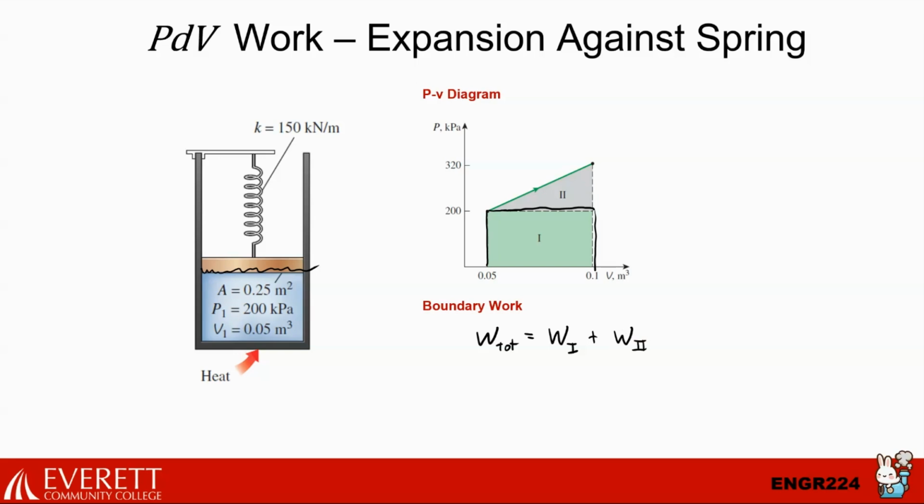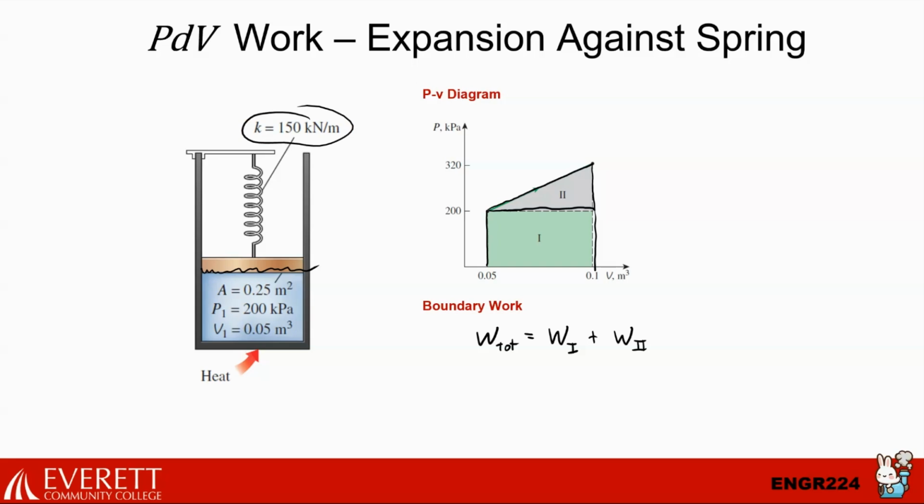And so work on the spring is linear, but it forms this little triangular chunk of work. So essentially it increases pressure linearly as we push more and more on the spring, which kind of makes sense, right? Because that's our slope of how much our pressure is increasing as we compress the spring more and more.